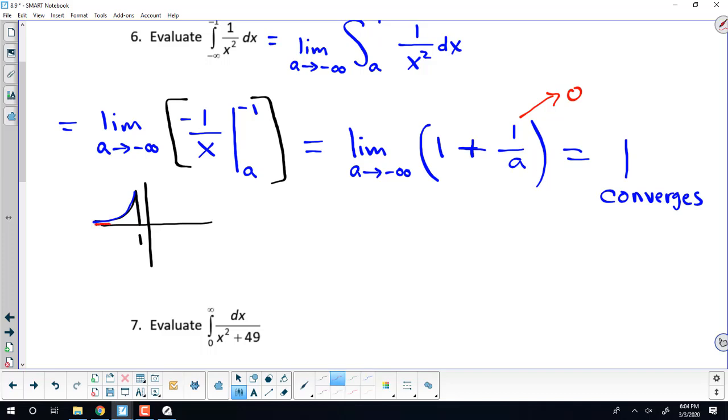And what we're saying is that this area here is finite. It goes way up here. Area is 1.